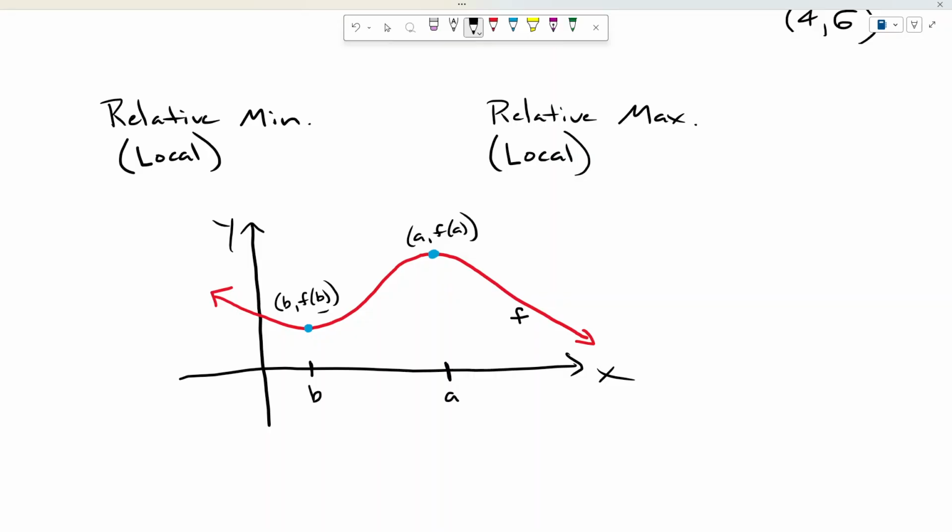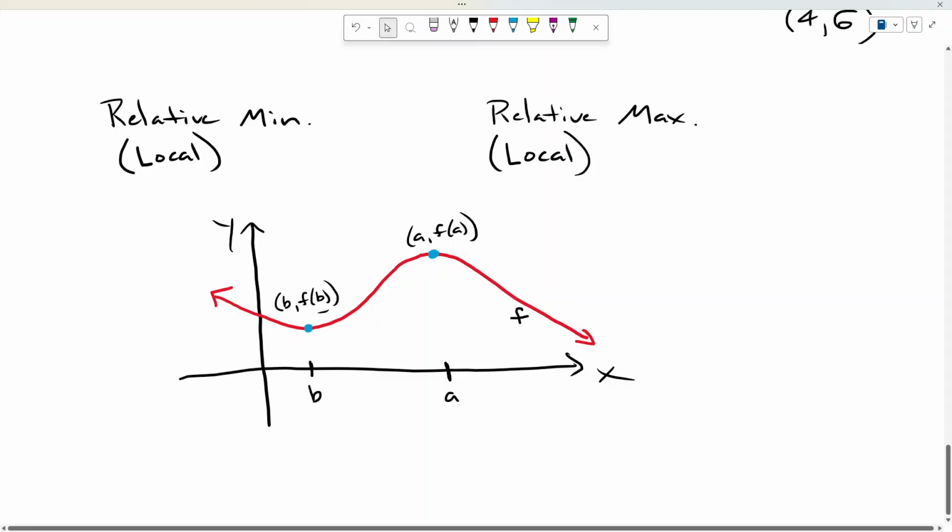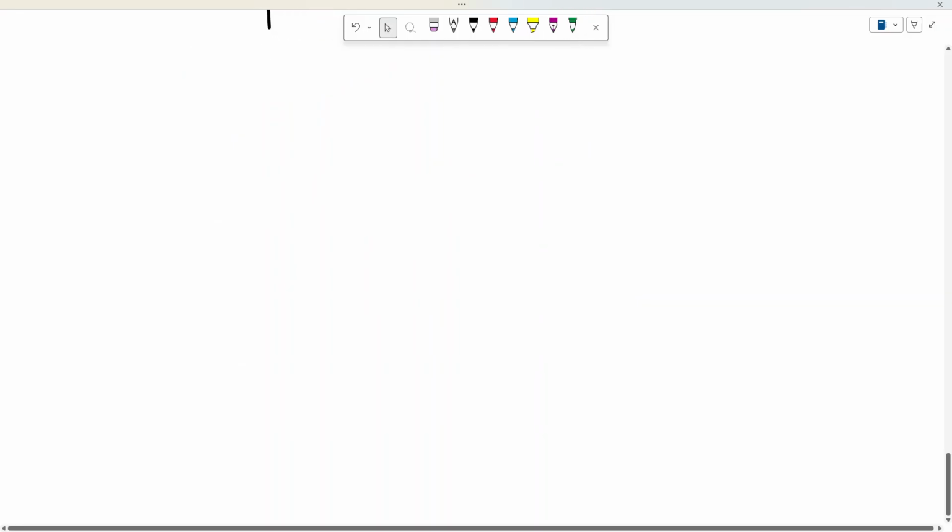We're just talking about relative max and min. We're just comparing it to the points that are right around it. So if we had, just throw another one up here.